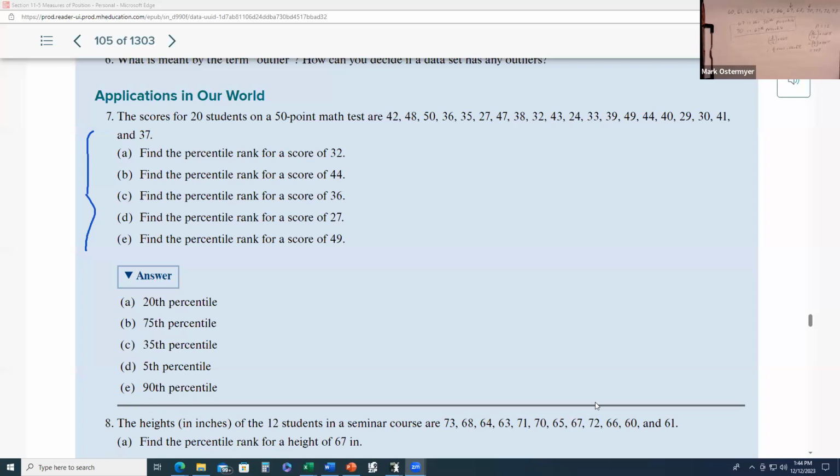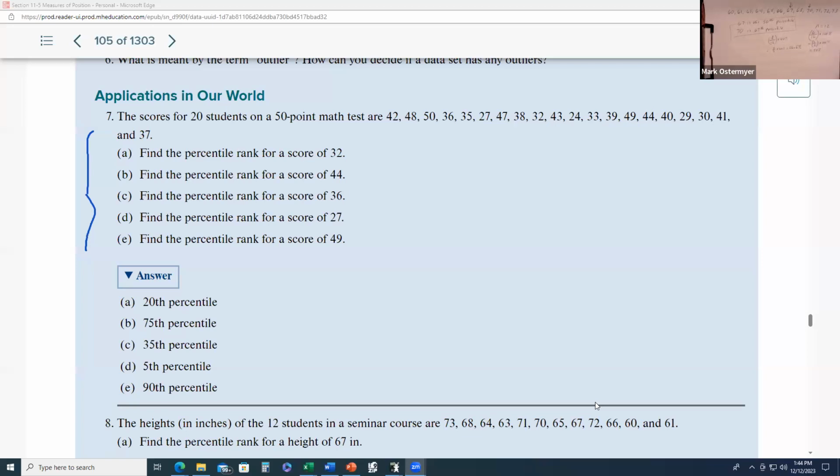70th percentile. That's what you got, right? 70th percentile. All right. Good. How about 36? What percentile does that fall in? 36.